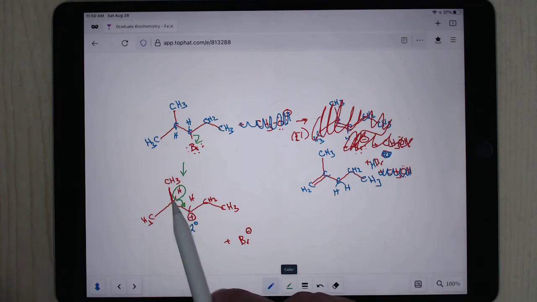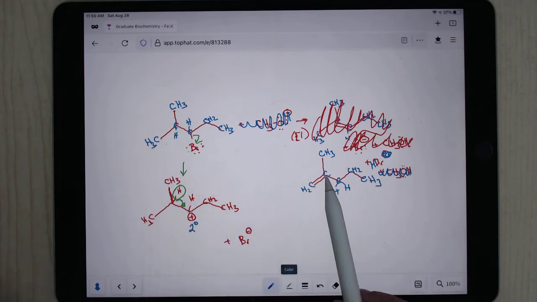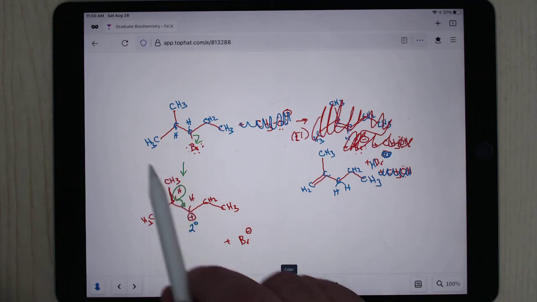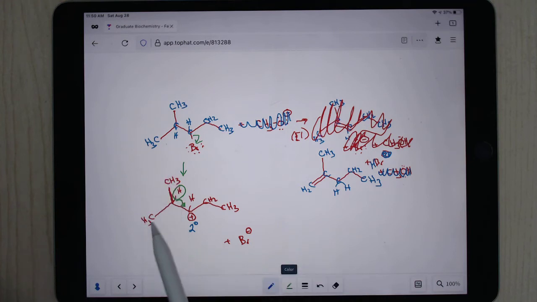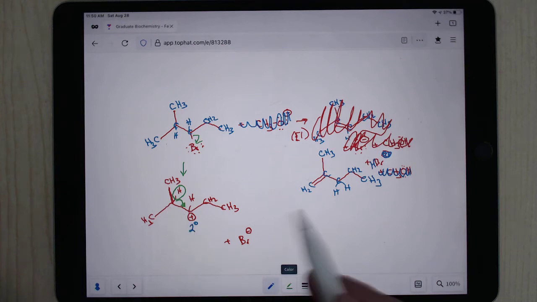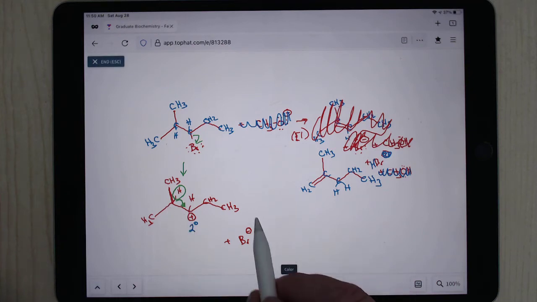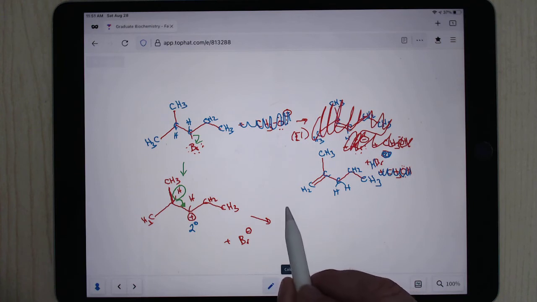But this one does, because it goes from a CH to just a C. This CH3 that's right here is too far away to help. You can't break off one of these CHs and shift it way over here. It's just too far of a reach. But this one here, right next door, is fine. It's close enough to lend a hand. And so what you're going to get is this.